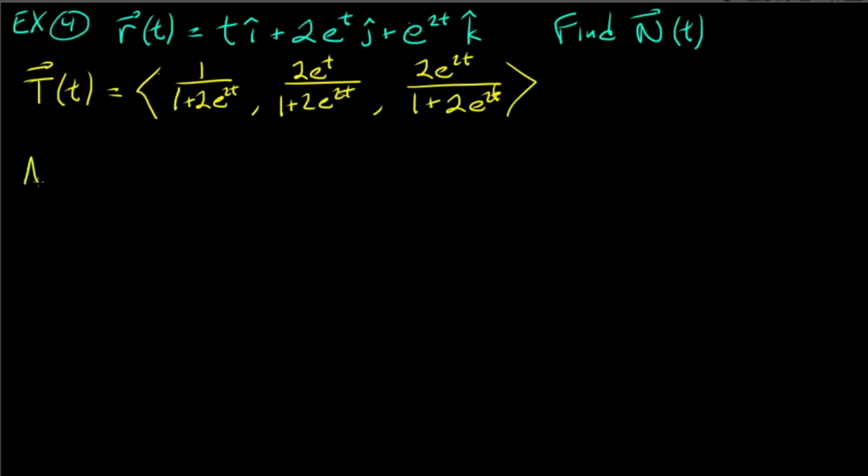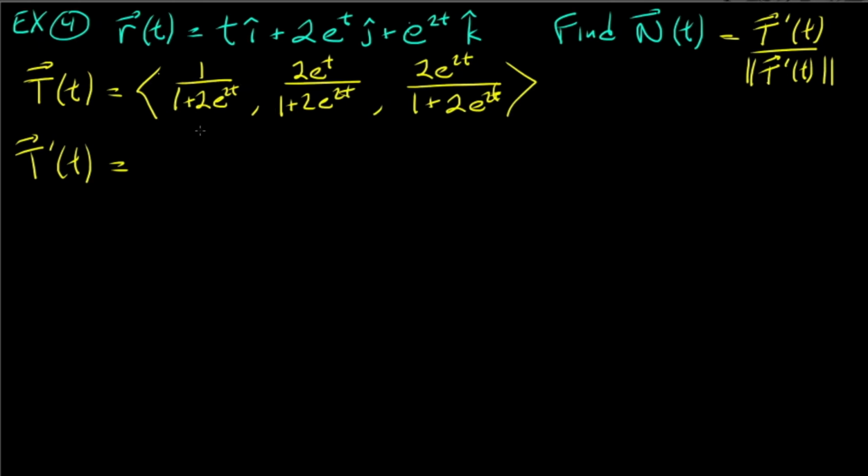Now to find the normal vector, remember, n was just the derivative of the tangent vector divided by its magnitude. It's already bad enough to take the derivative of t, but then to take the magnitude is a bit excruciating. So let's go through this.